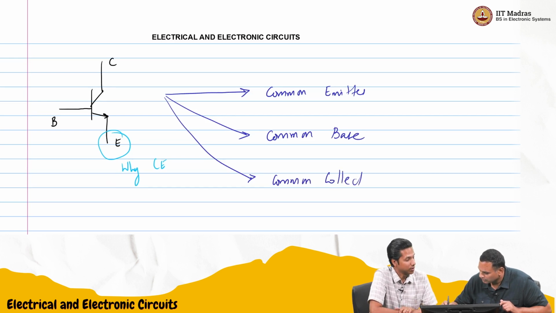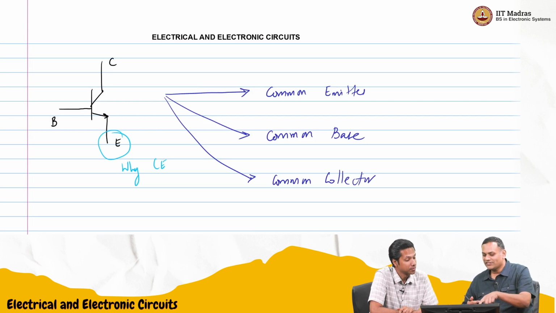All of these are possible. We have 3 terminals, so if you take common base, for example, you have to choose one of the other two, collector or emitter, as input and one as output. The same goes for the common collector.